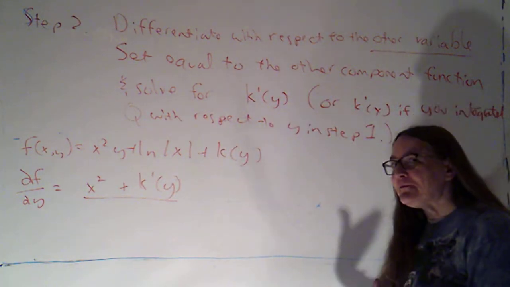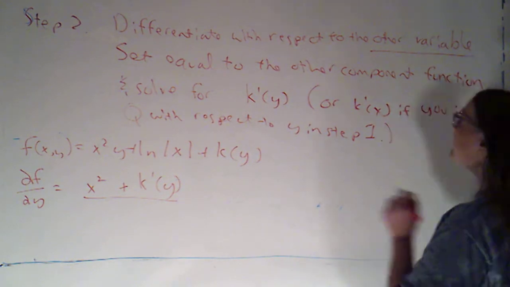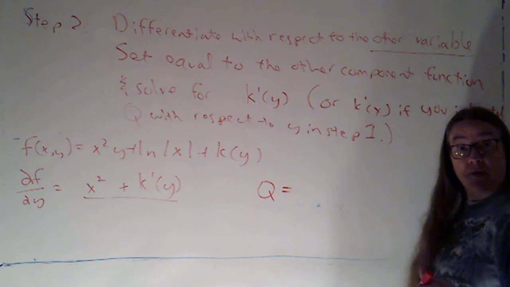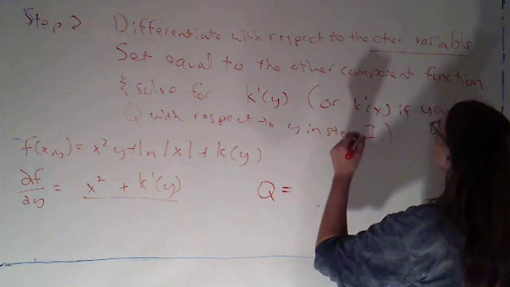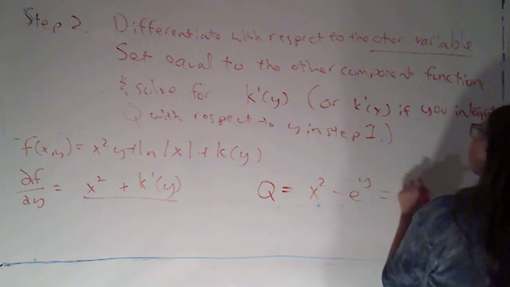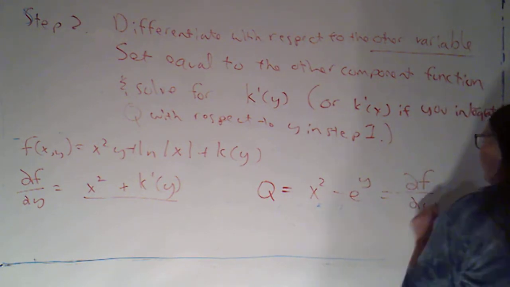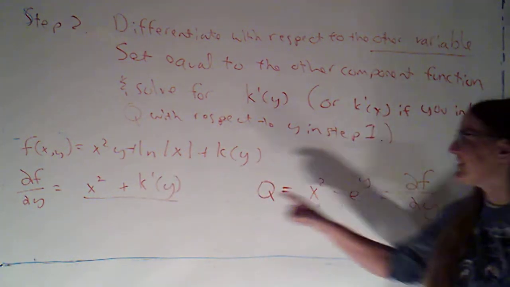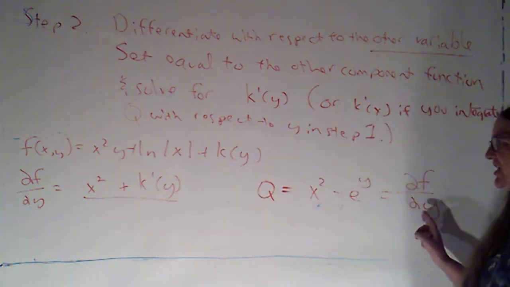But I have another formula for it as well, because I know that q, which was the second component of my vector field, and oh dear, what was that? That was x squared minus e to the y, is also the partial of f with respect to y. So I now have two different formulas, but they've got to be equal to each other.